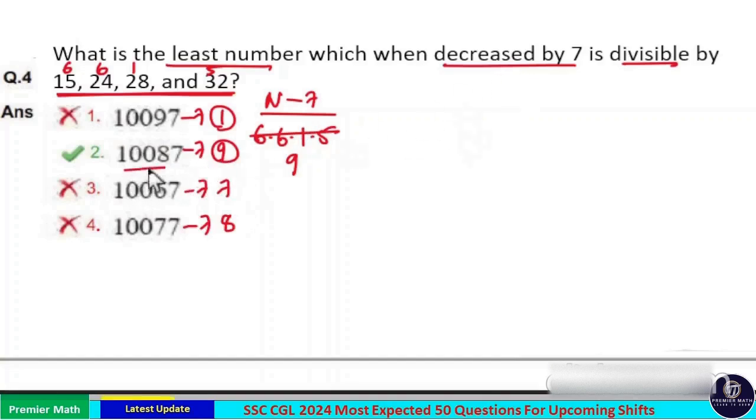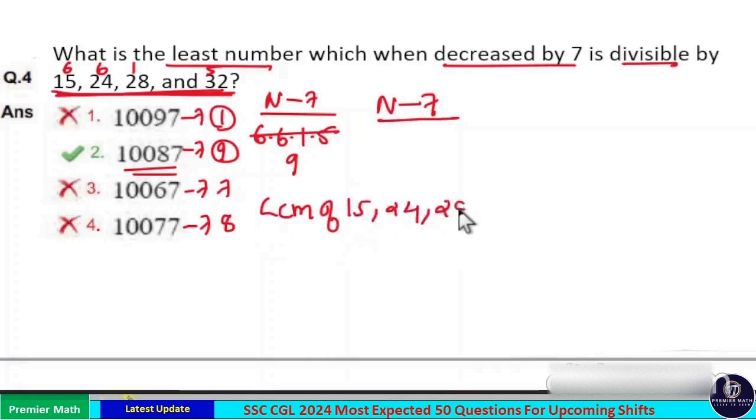Here, the second method is: when the number decreased by 7 is divisible by all these numbers, n minus 7 is divisible by the LCM of all these numbers. So take the LCM of 15, 24, 28 and 32.